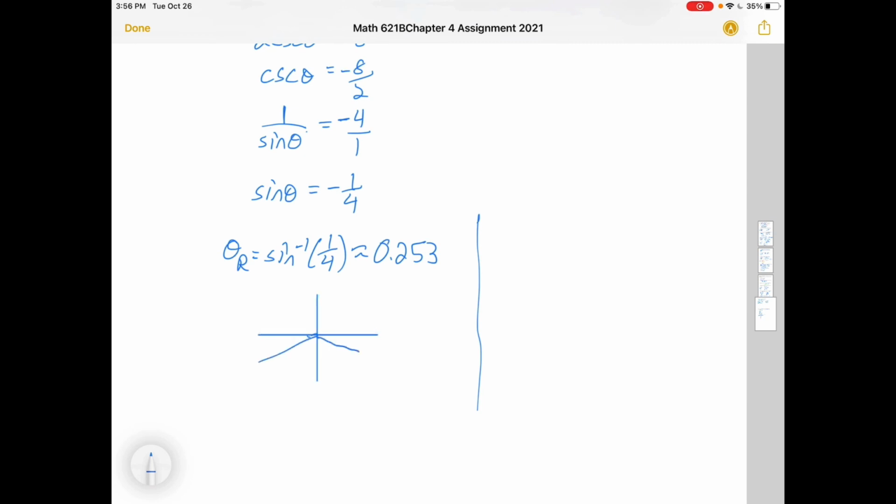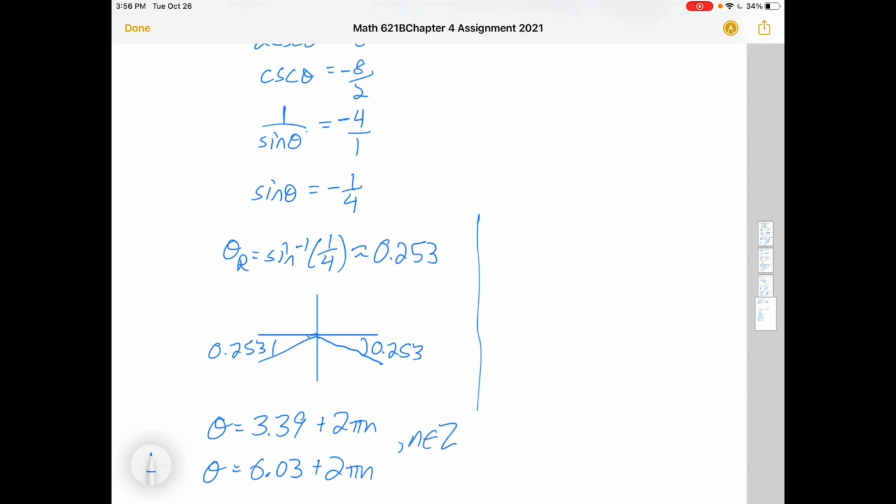Could be in this quadrant or this quadrant. 0.253, 0.253. Okay. One of those is pi plus 0.253, so that would be 3.39. And one of them is 2 pi minus 0.253, so that would be 6.03. We turn them into general solutions by putting the plus 2 pi n on them, and then we're done.